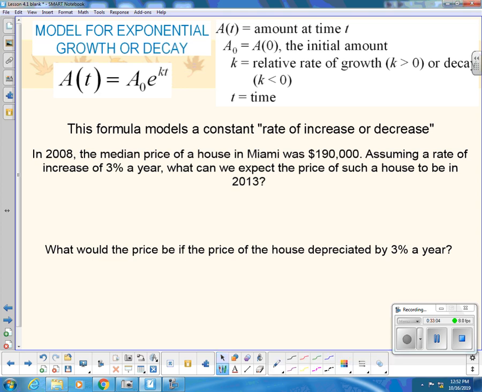So let's write it down. 0.03 is the rate times how many years have gone by? 2008 to 2013, 5 years. Since we're talking about prices of houses, I'm not going to include the penny.